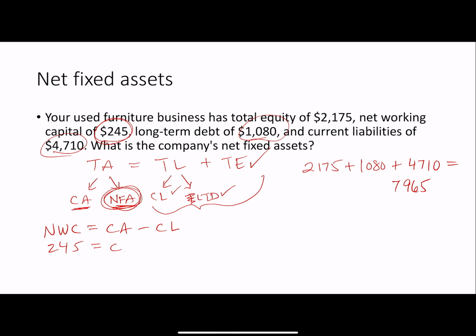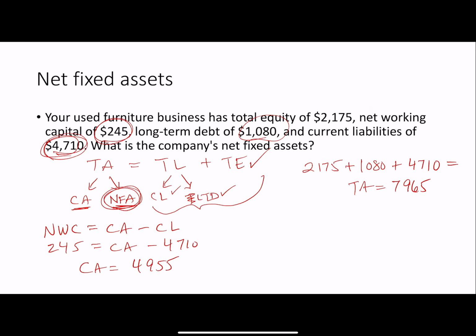And our current assets, which is what we don't know that we'd like to know, minus current liabilities, which is given to us, 4,710. So if we do the math, we find that current assets is equal to 4,955.